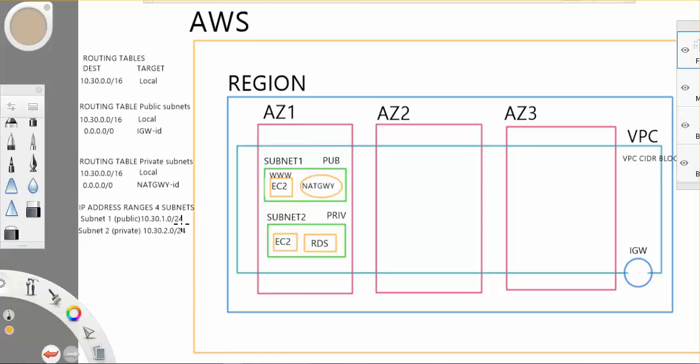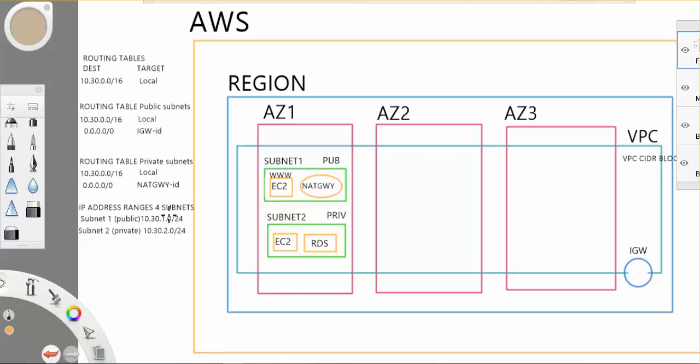What this means is that 24 bits are going to be fixed. So these 8 here are fixed, the second ones are fixed, and the third ones are fixed. So the only one that can change is going to be this one here. In this particular case, we're going to find out at some point that the number of IP addresses that we can have here is going to be about 250.